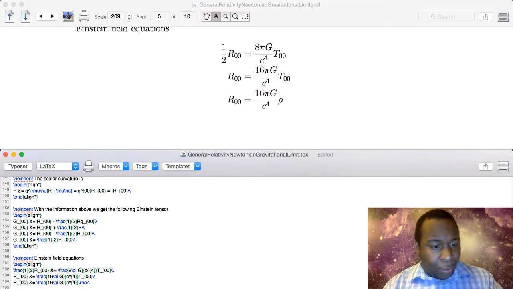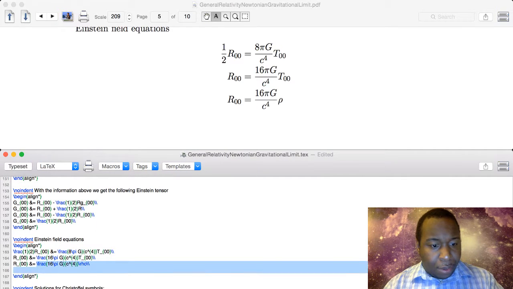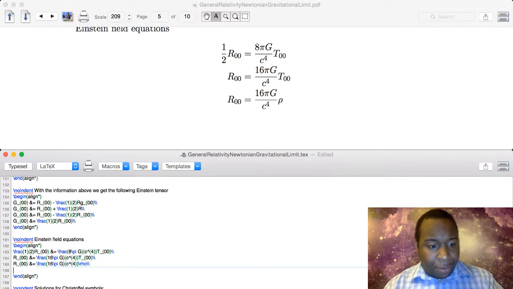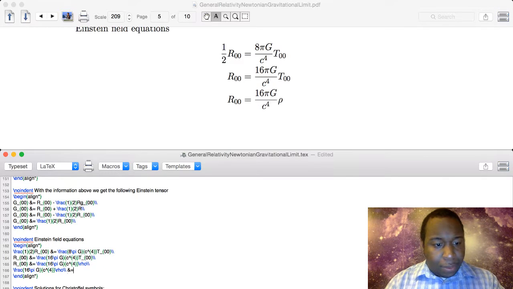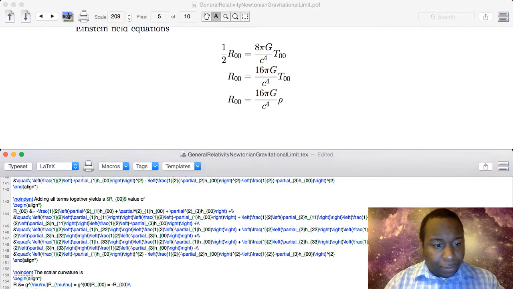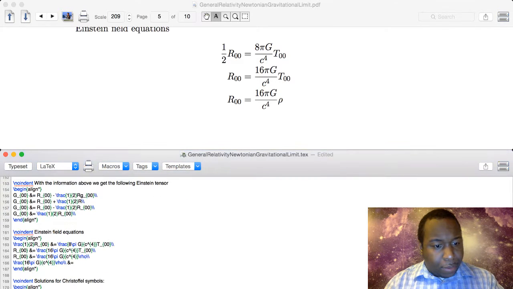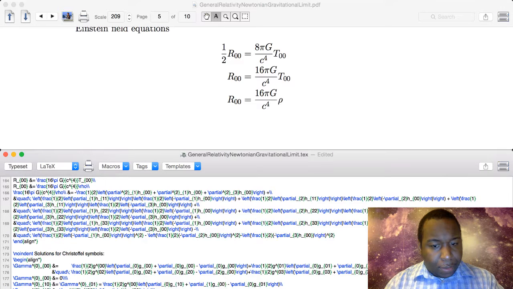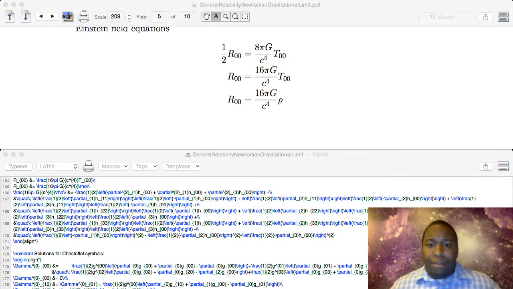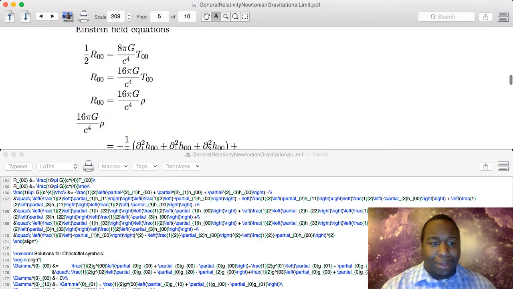I'm going to switch things around just a little bit so that everything is on the screen. Let's see if this typesets.